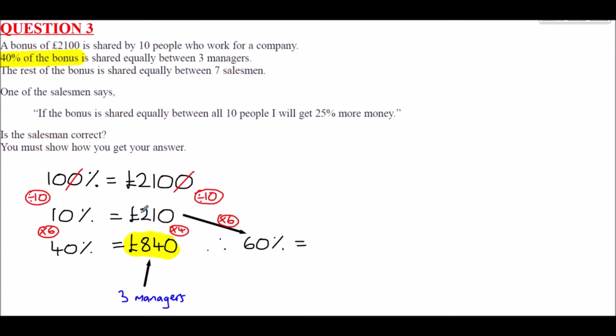So there's often, as you'll know by now, a few ways of doing things with maths. Anyway, here, if we do 210 multiplied by 6, well, 200 times 6 is 1200, and then this £10 times by 6 gives us 1260. And so the rest of the bonus is this £1260, and that's going to be shared between these 7 salesmen.